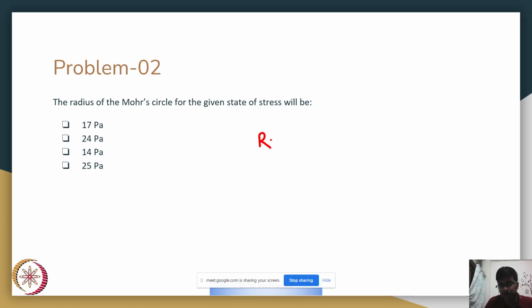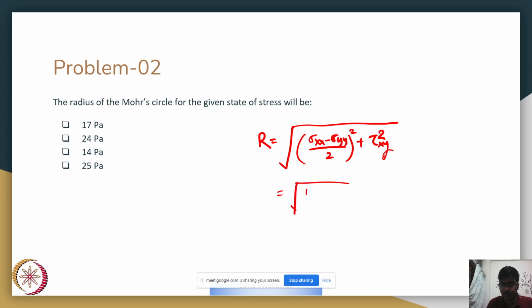Radius of the Mohr circle is root of ((sigma xx minus sigma yy) by 2) whole square plus tau xy whole square, which is nothing but ((14 minus 0) by 2) whole square plus 24 square, is 49 plus 576, which is 625, so 25. This is also straightforward from the formula.